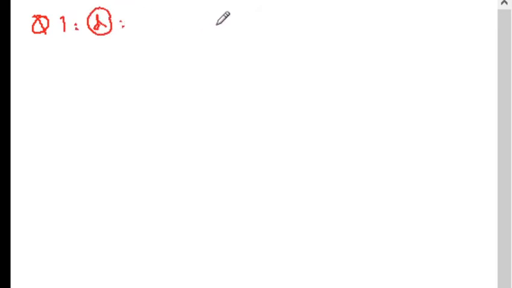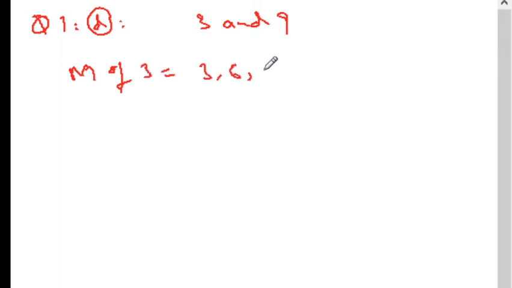Now question one, part D. Part D is 3 and 9. So multiples of 3: 6, 9, 12, 15, 18 and so on.